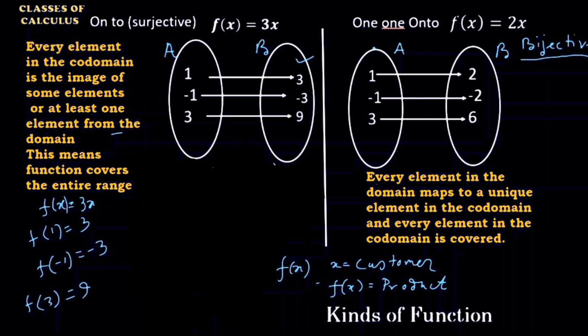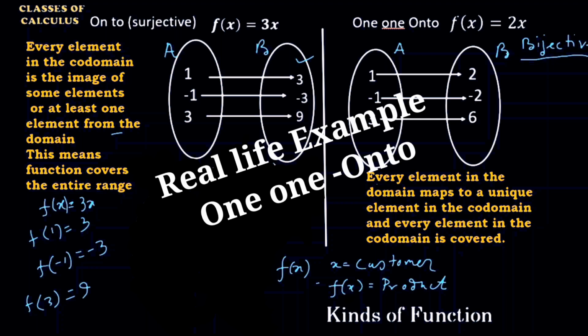And for one-one onto function or bijective function, suppose in a school each student is assigned exactly one locker, and each locker is assigned exactly one student.